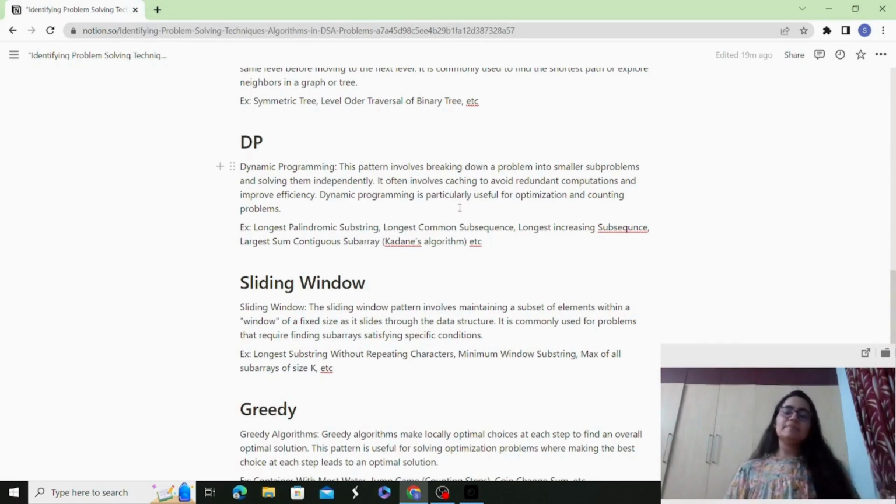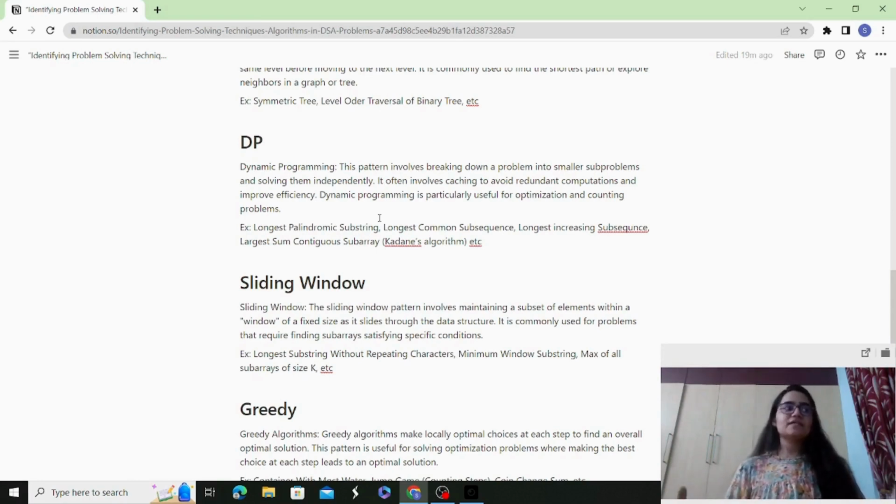Now, there are various DP problems you will be able to find. The most crucial patterns which will help you understand dynamic programming as a beginner, I would say first go with longest palindromic substring. A palindrome, as the name says, is something that reads the same in reverse. A palindrome of a number is the reverse of a number, or even if it's a string and you find the reverse of the string, it is the same.